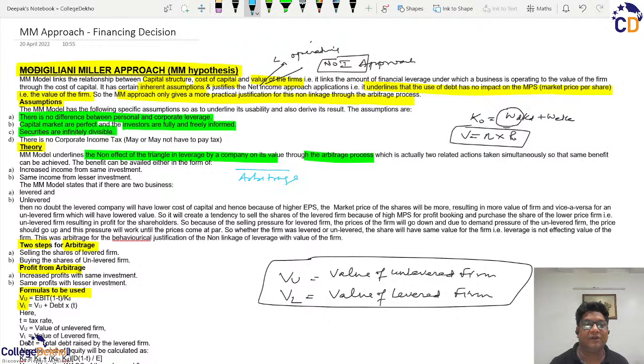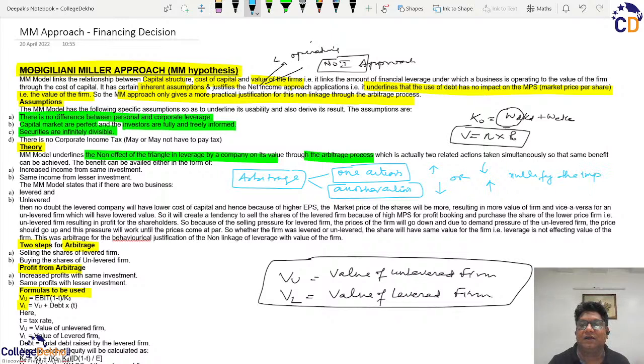Simply speaking, arbitrage is a two-pronged action where we presume that the effect of one action, it means whenever you do something there will be an effect, will be contradicted by another action. अगर आपके एक एक्शन ने कोई पॉजिटिव इम्पैक्ट दिया तो दूसरा एक्शन नेगेटिव इम्पैक्ट देगा, या फिर अगर आपके पहले एक्शन ने कोई नेगेटिव इम्पैक्ट दिया तो दूसरे वाला पॉजिटिव इम्पैक्ट देगा, and these actions will nullify the impact of each other.